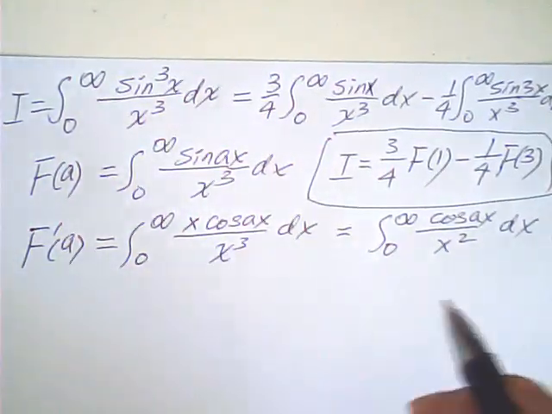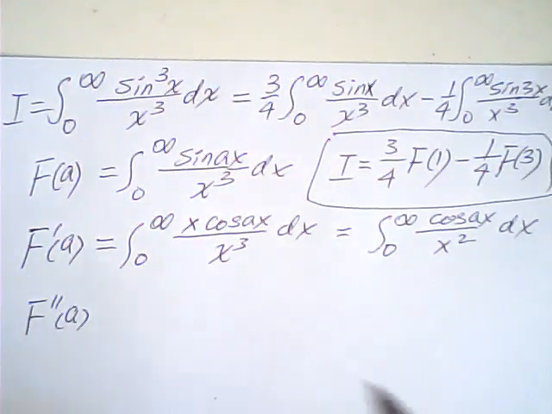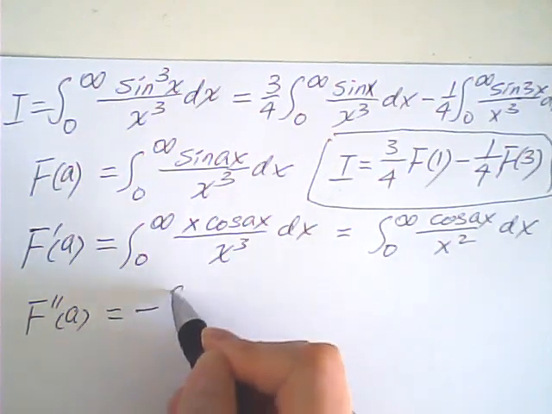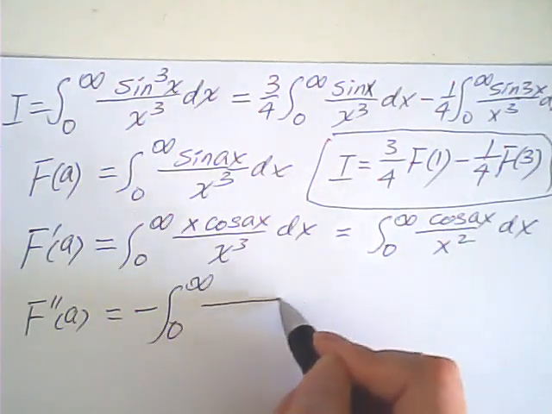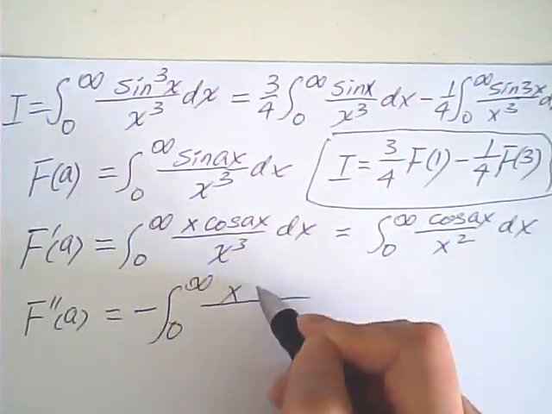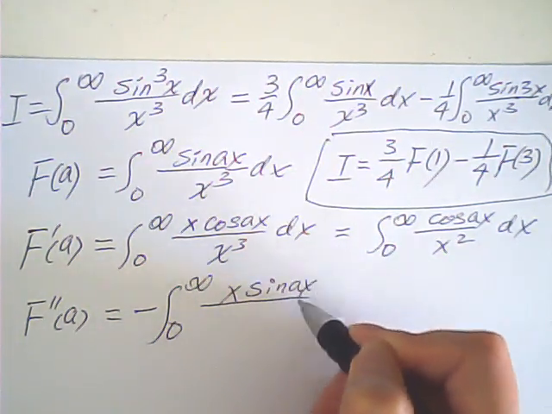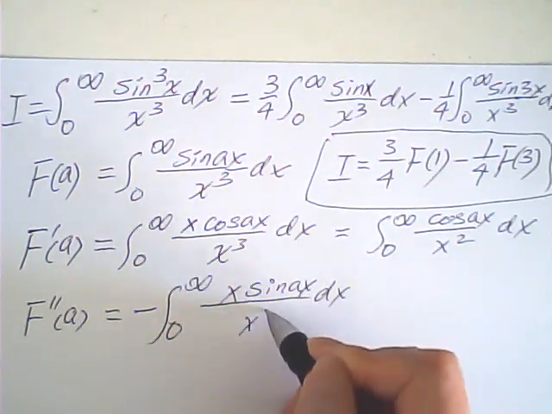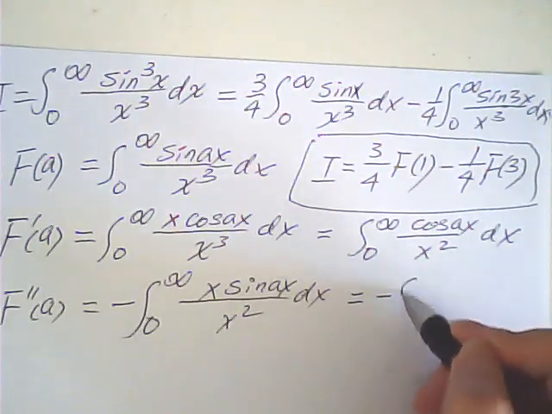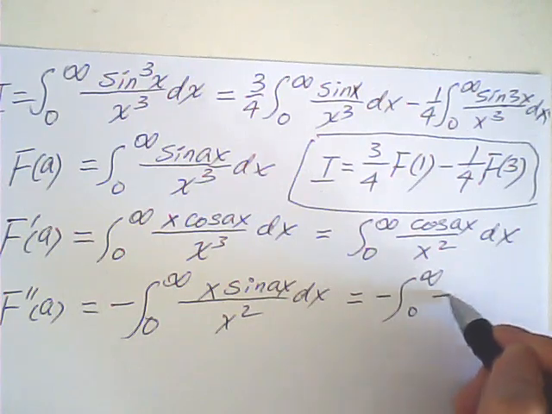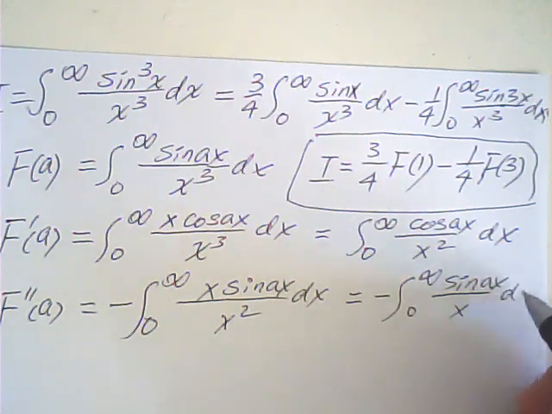Then we take the second derivative of f with respect to a. This is equal to negative, because the cosine derivative is negative, x times sine ax dx over x squared. So this will be negative integral of sine ax over x dx.